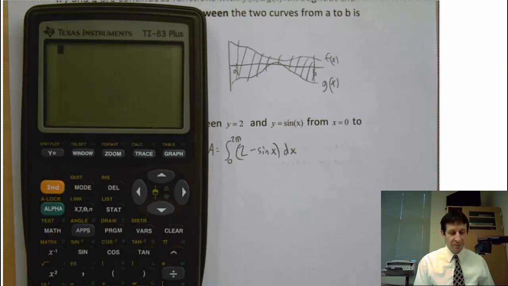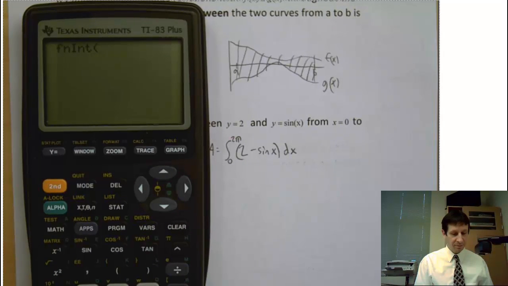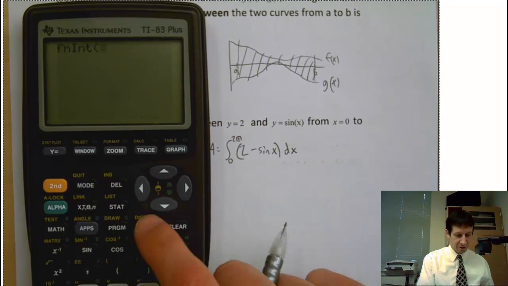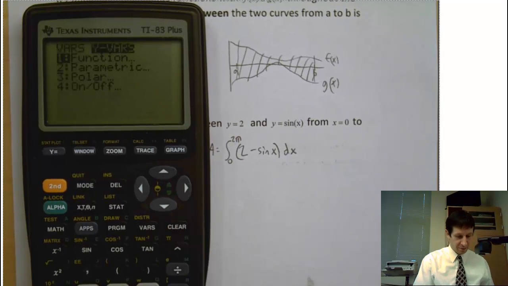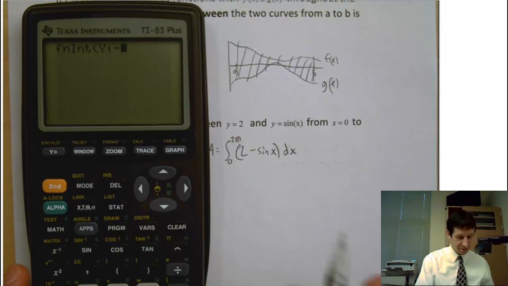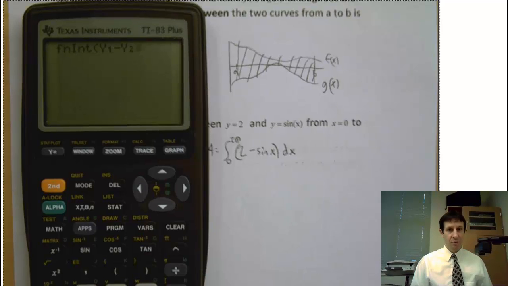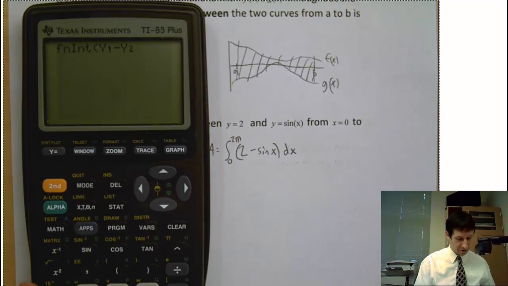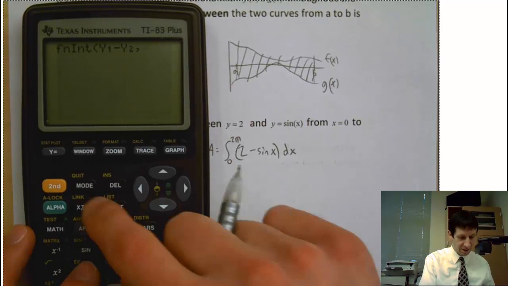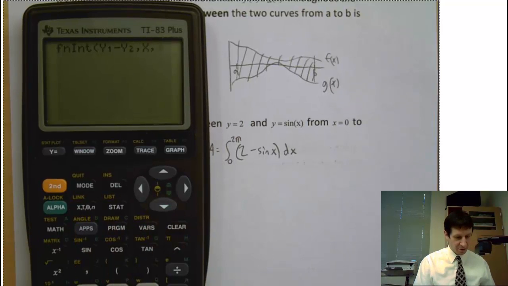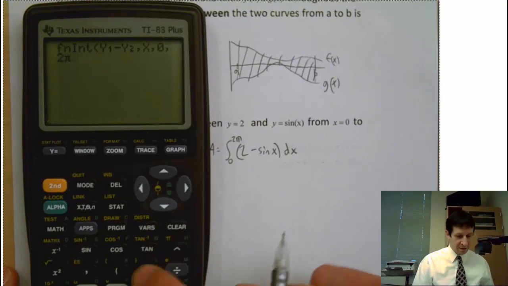I am. By storing those in y1 and y2, then every single time when I go to use math 9, the fnInt, I'm just going to type in y variables y1 minus the lower function, which I stored in y2. Remember, with my operating system, it's comma x, comma lower limit, comma upper limit, which is 2 pi.